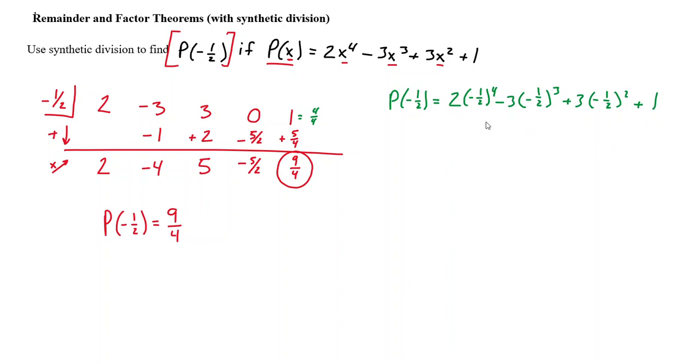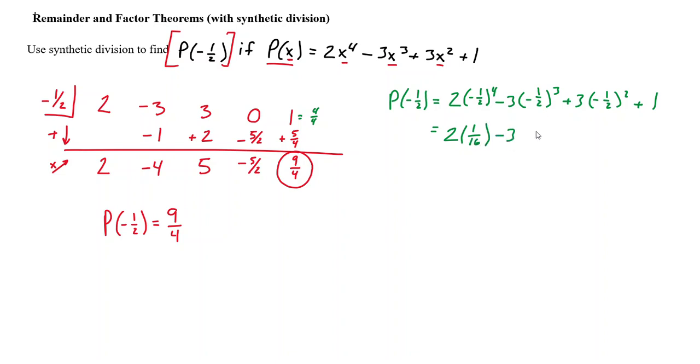And you can see that's pretty daunting. We can do it. Let's see. So negative 1/2 times negative 1/2 times negative 1/2 times negative 1/2. So there's 4 of them. 4 negatives multiplied together is going to be positive. We just do 1 times 1 times 1 times 1, which is 1, and 2 times 2 times 2 times 2, that's 16.